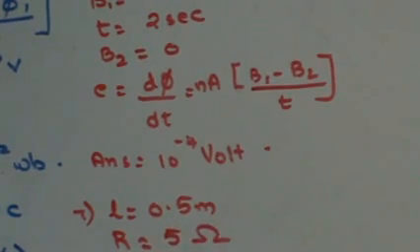If the resistance of the loop is 5 ohms, find the rate at which the magnetic induction should change so that a current of 0.1 amps is induced in the loop.